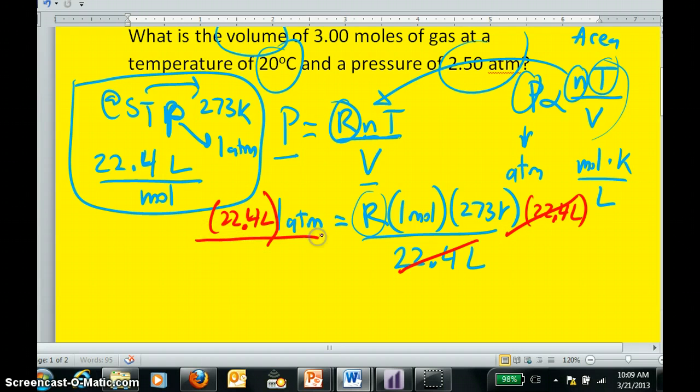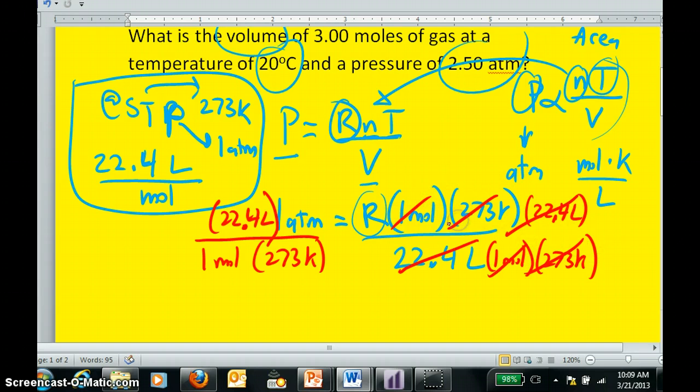And then, of course, I would want to divide both sides by 1 mole and by 273 kelvins. And whereas the moles and kelvins will cancel from this side of the expression, they remain on this side of the expression. So whatever this value is, it would equal the gas law constant.